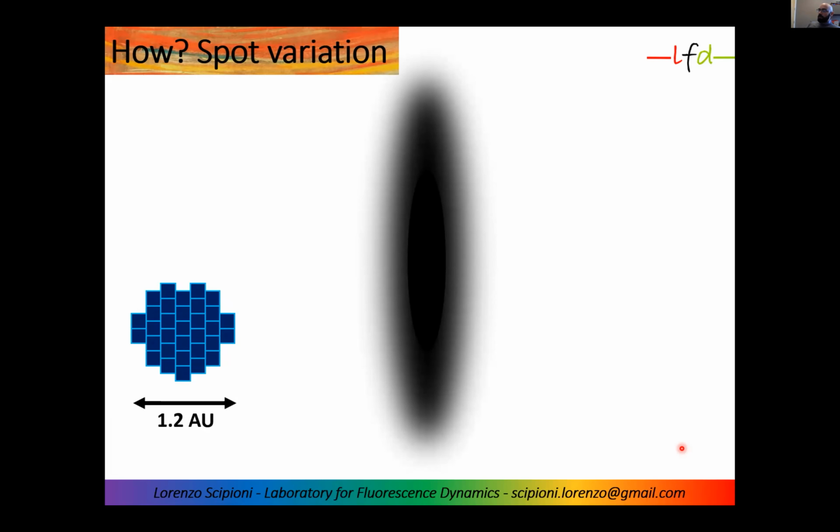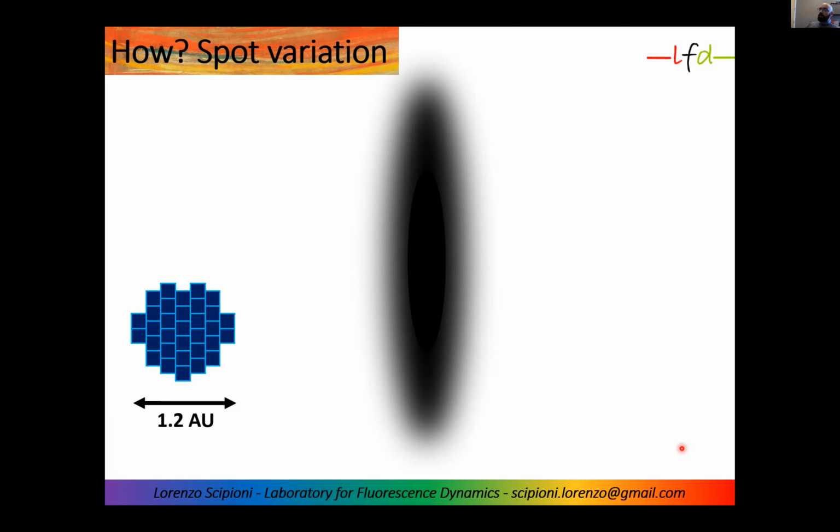In this case, we are doing it in post-processing, considering a variable number of detectors in our image. The detector is placed in place of the pinhole, and this is the reason why you can go in super resolution: it acts like a virtual pinhole that you can change in post-processing.